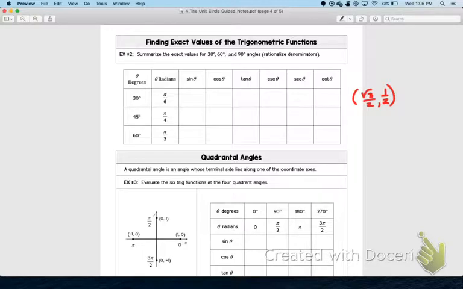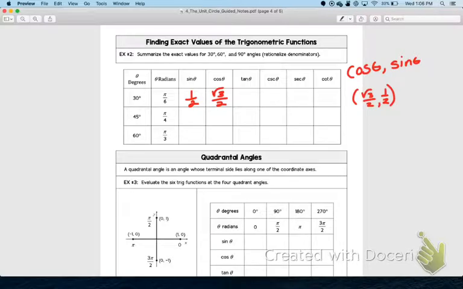So my sine is my y, right? Because remember this is the same thing as cosine theta, sine theta. So sine of theta, or sine of pi over 6, would be 1/2. Cosine would be my x, so the cosine of pi over 6 is root 3/2.